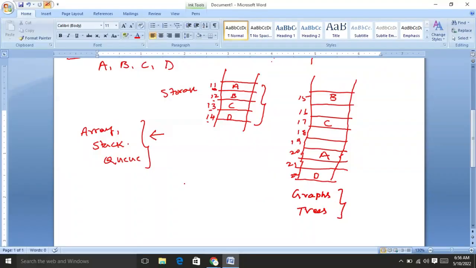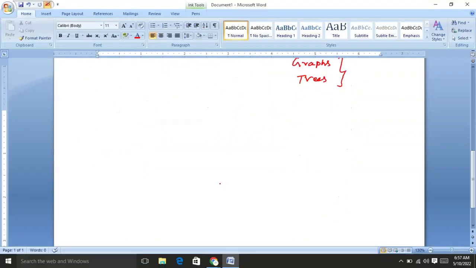How can we access linear or non-linear data structures? Suppose I am considering A is an array. Let us consider A is like that, with 4 to 5 locations. And we know that this is the index 0, 1, 2, 3, 4. This is the index of an array.